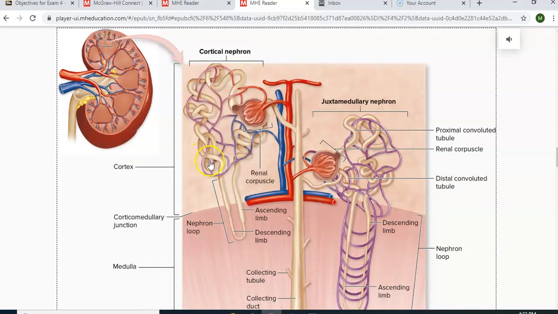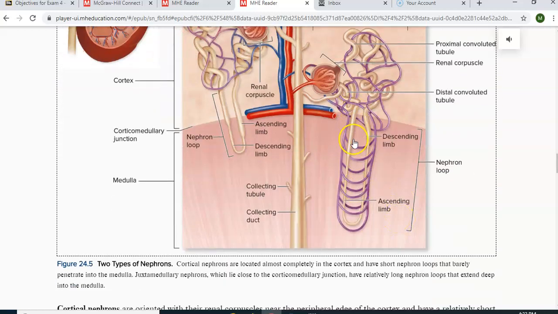It has the cortical nephron shown over here with its little short loop of Henle. This area here is the division between the renal cortex of the kidney and the renal medulla. So just a little bit of it. But if you look at the juxtamedullary nephron, its loop of Henle goes really deep down into the medulla, pretty much all of it is in the medulla.